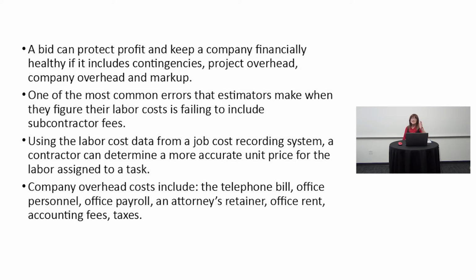Next, using the labor cost data from a job cost recording system, a contractor can determine a more accurate unit price for the labor assigned to a task. Next, company overhead costs include the telephone bill, office personnel, office payroll, an attorney's retainer, office rent, accounting fees, and taxes.